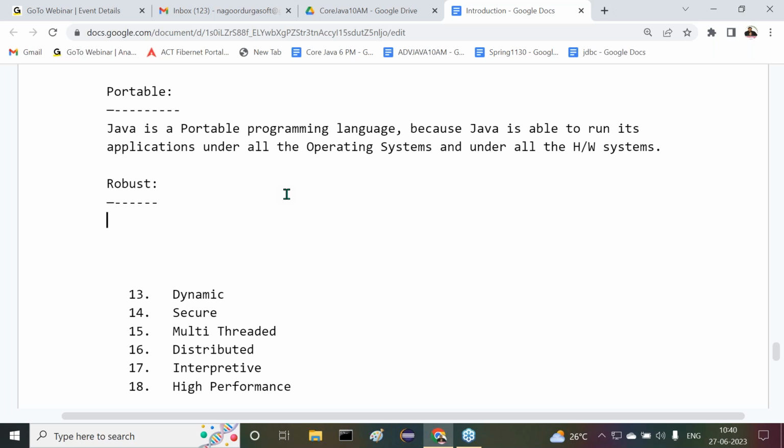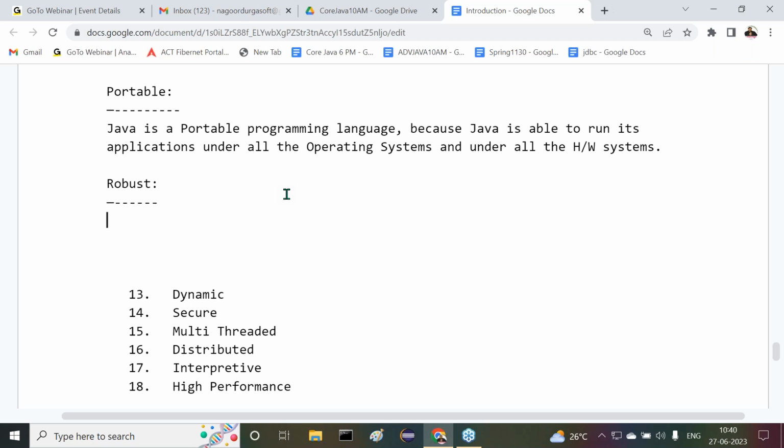What is this heap memory management system? What is its nature actually? It's a dynamic memory management system. What is the meaning of this dynamic memory management system? It allocates and deallocates memory for the objects at runtime as per the requirement.